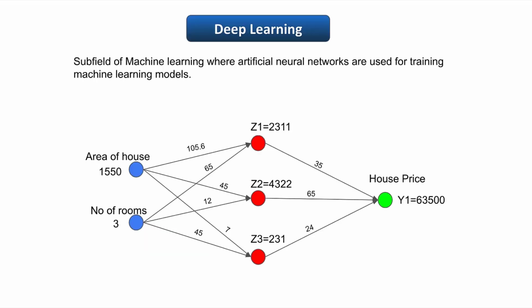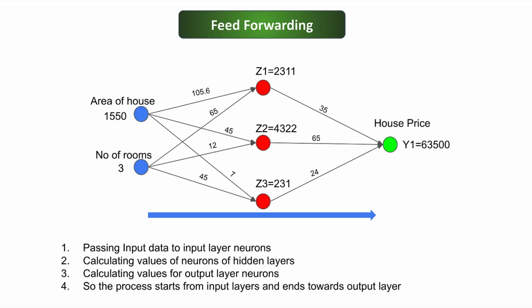And after that, we have learned about deep learning and its working. It is a subfield of machine learning where we use artificial neural networks for training our model. And in deep learning, we have learned about a few important concepts, and the first one is feed forwarding. Feed forwarding is the process of passing input data to our neural network at the input layer.